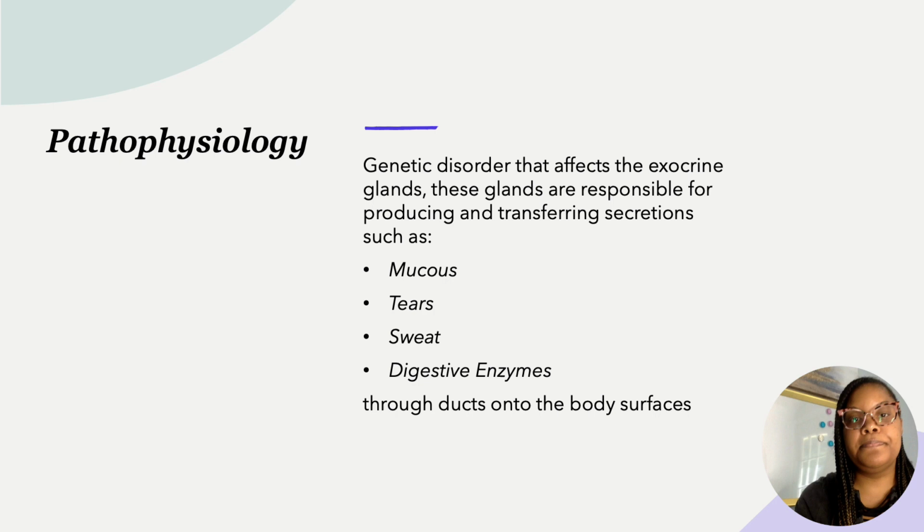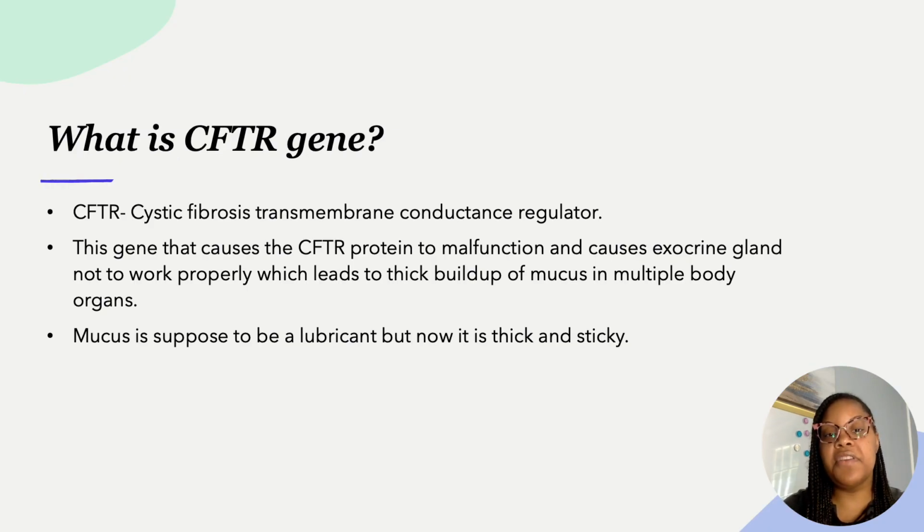All right. There is a specific gene that patients with cystic fibrosis have, and that is your CFTR gene. This gene causes the CFTR protein to malfunction and causes the exocrine gland to not work properly, which will lead to a thick buildup of mucus in multiple body organs.